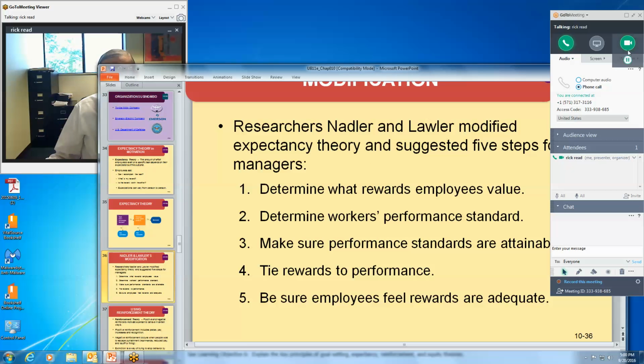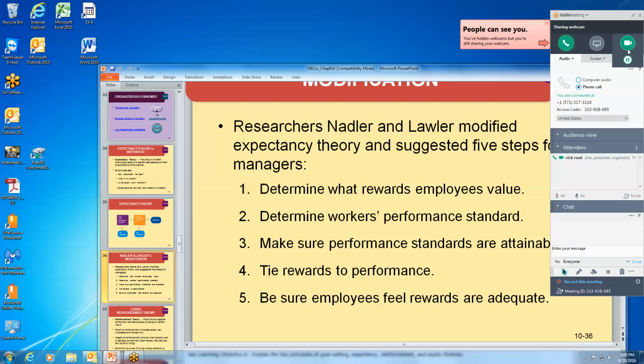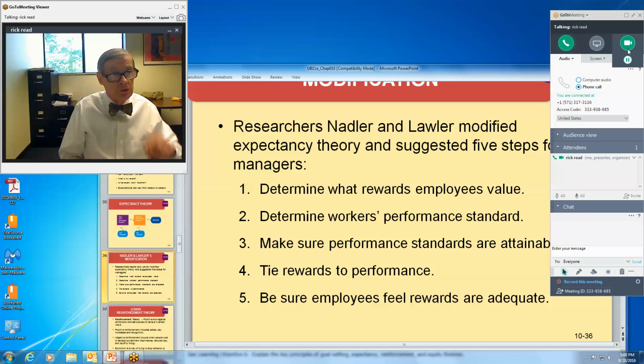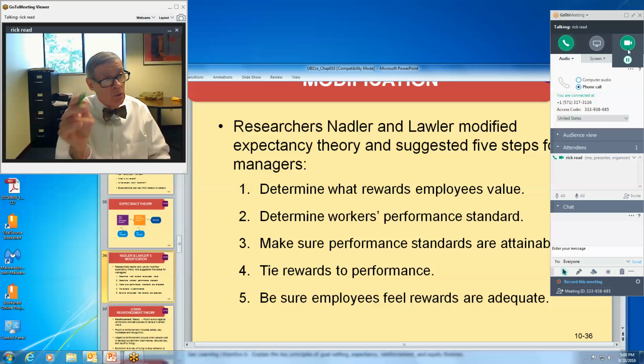Nadler and Lawler, two researchers and management gurus, modified the expectancy theory and say that we managers, we supervisors should find out what type of reward the employee values. Look at the performance standard.